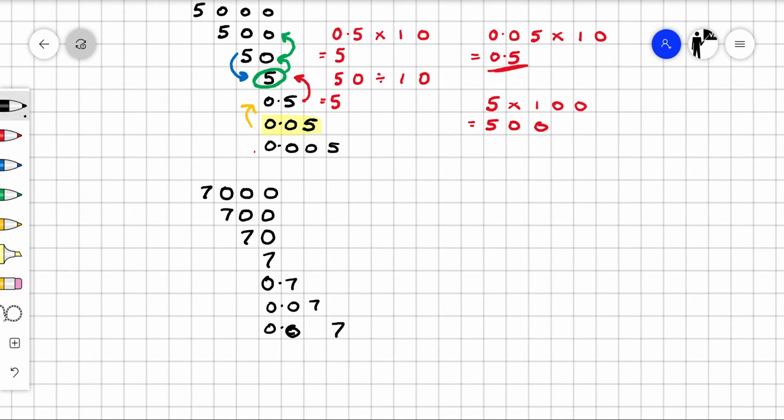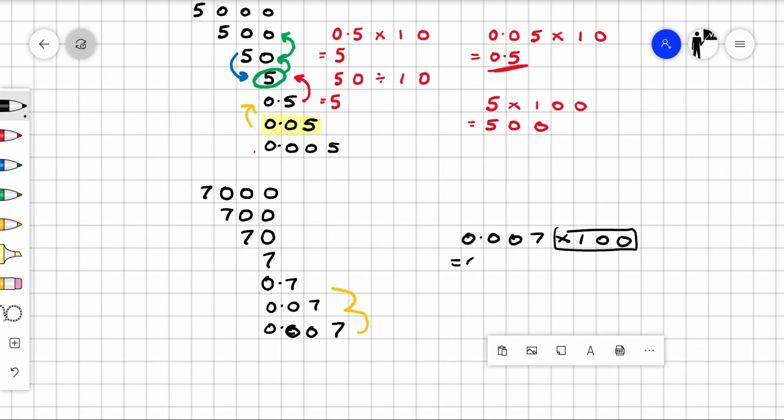Okay, so if I wanted to work out 0.007 times 100, well, that would correspond to moving up 2 places. 1, 2. Do you see that? So that's going to become 0.7.